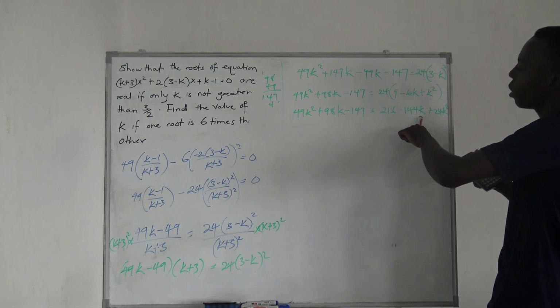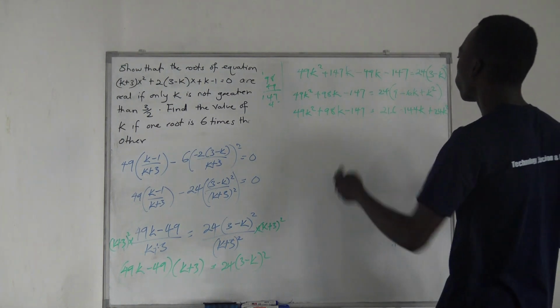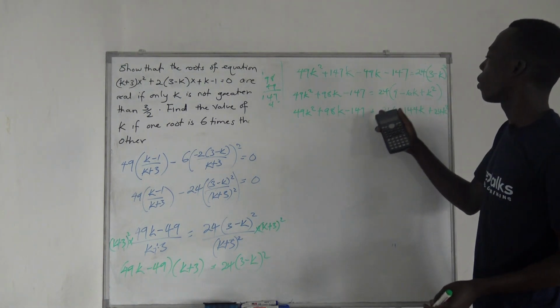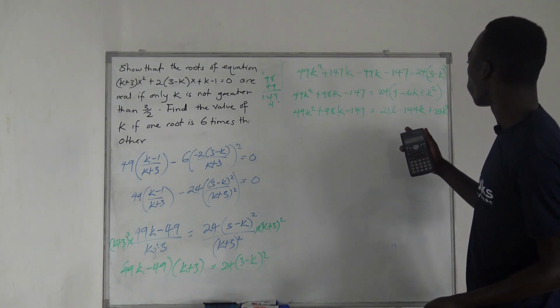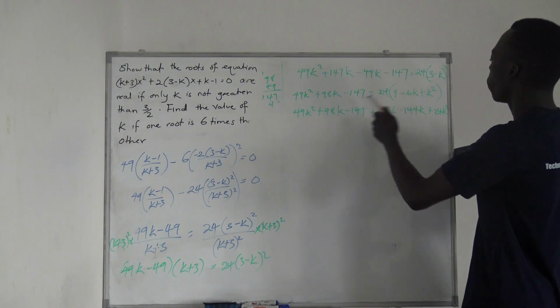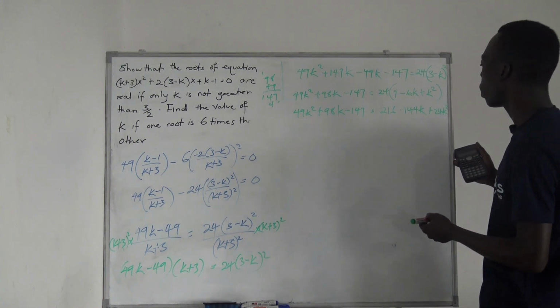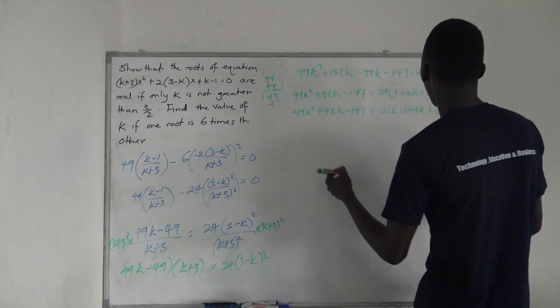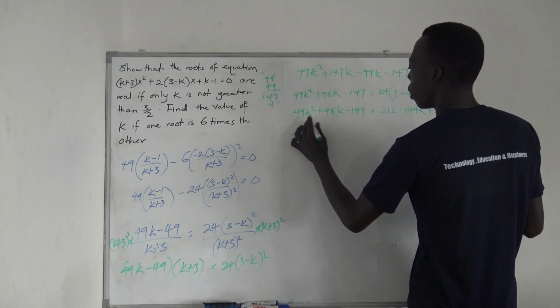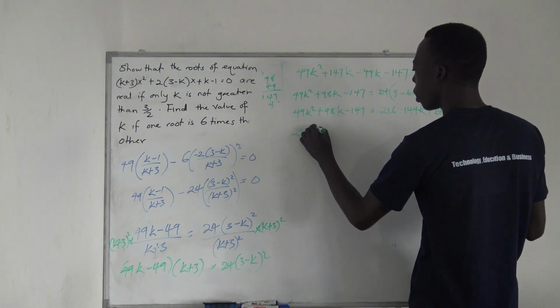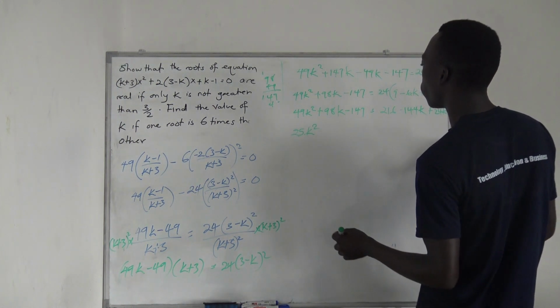So now from here, we have to take everything which is on the right to the left hand side. For that case, this one minus 49 minus 24 will give us 25k squared.